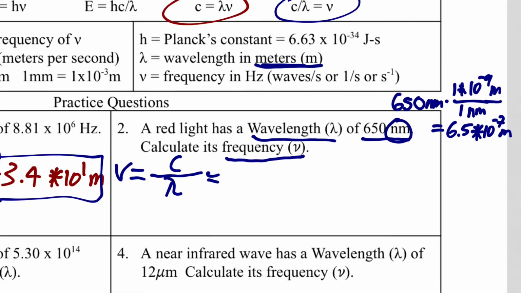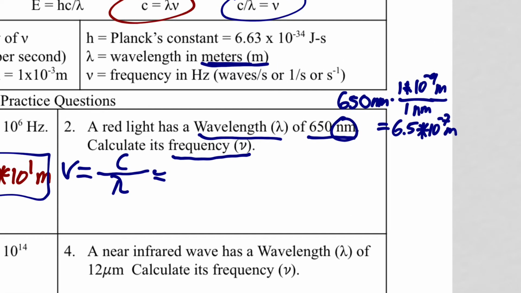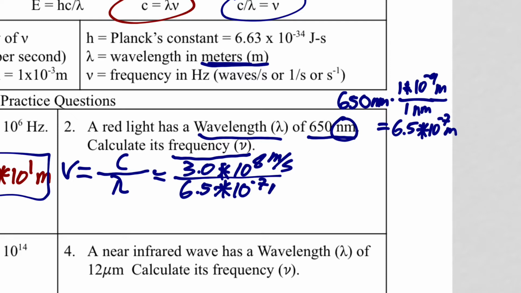You're going to carry that over to include it in the calculation here, where the top part is still 3.0 times 10 to the 8th meters per second. That doesn't change. Divided by 6.5 times 10 to the negative 7 meters.